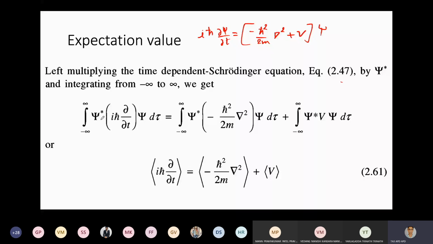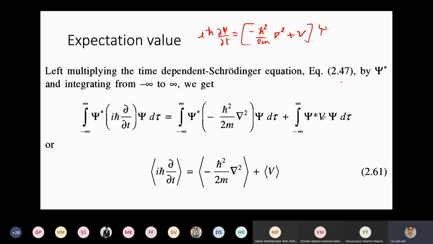So the same format we are getting here: psi star into some quantity psi integrated from minus infinity to plus infinity. Same here, and similarly, same thing over here. So this is nothing but the expectation value of this operator. This is the expectation value of this operator, and this is the expectation value of the potential V.